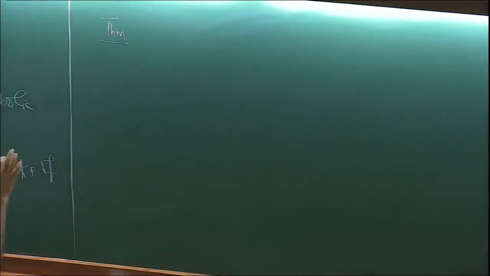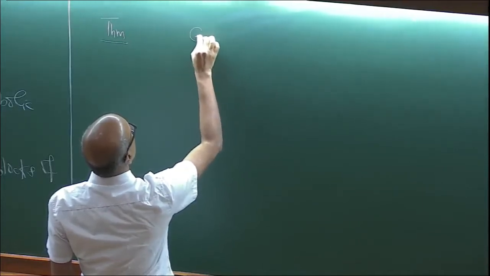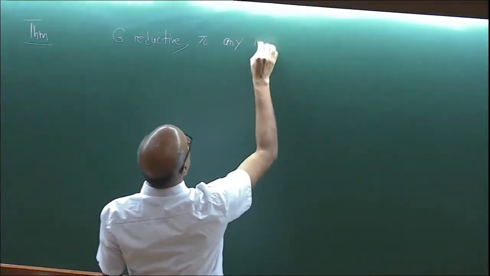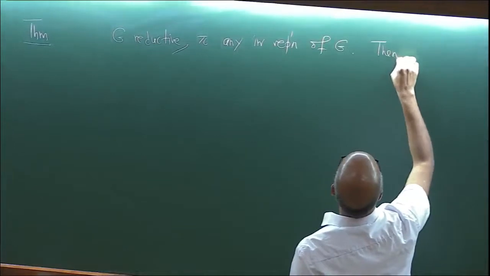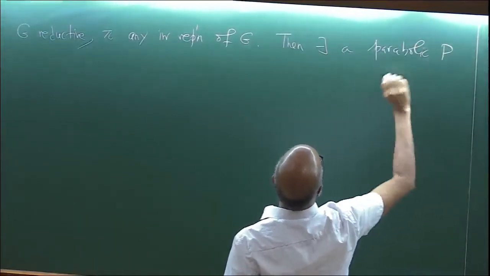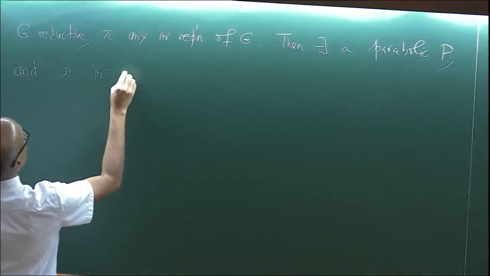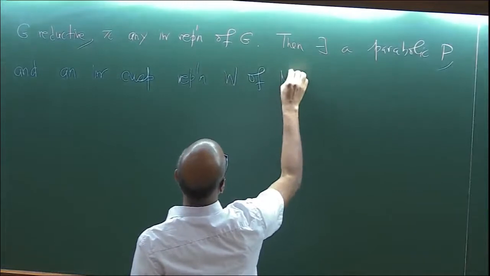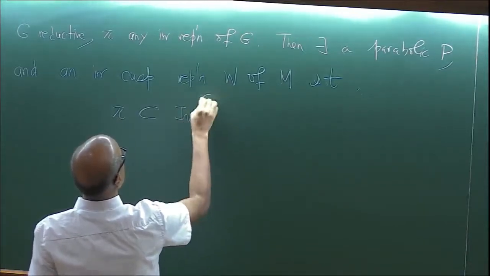So it's nothing non-obvious: G reductive, let's say, then for any irreducible representation pi of G, there exists a parabolic P and an irreducible cuspidal representation W of M, such that pi is contained in this parabolic induction.